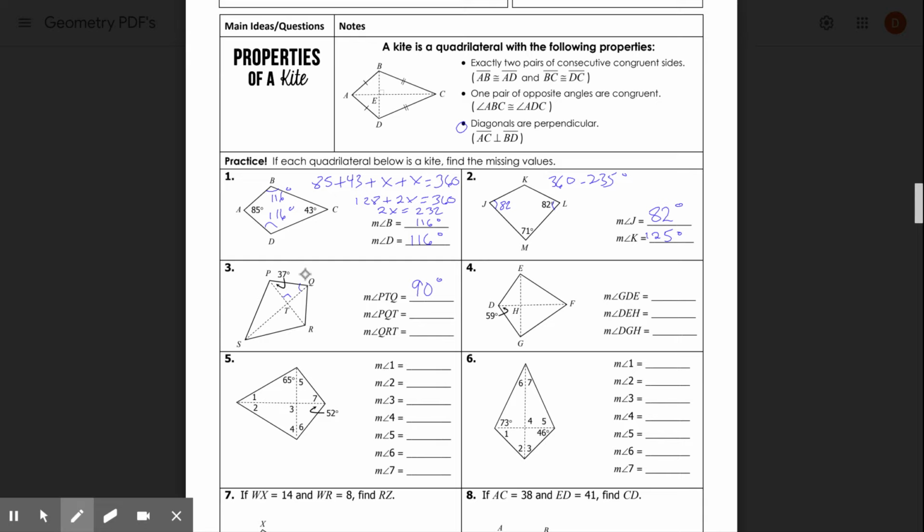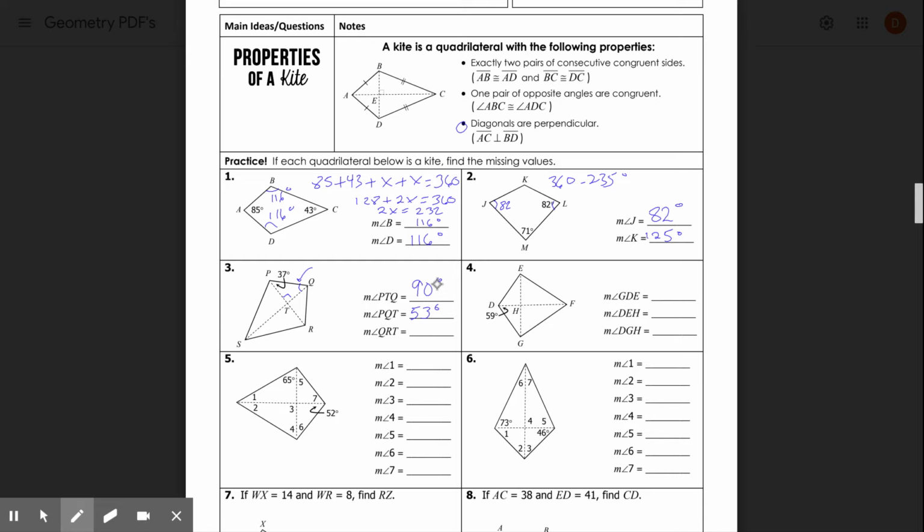So if we know that we have a 37-degree angle here, we have a 90-degree angle here, and we're looking for this one, well, this is a triangle, and the angles are going to have to add up to 180. So if we take 90 and 37 and subtract that from 180, that's 180 minus 127, we get 53.